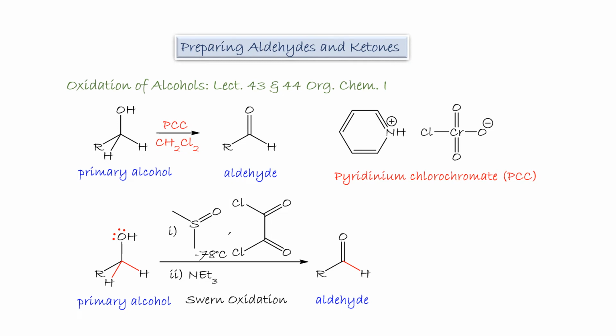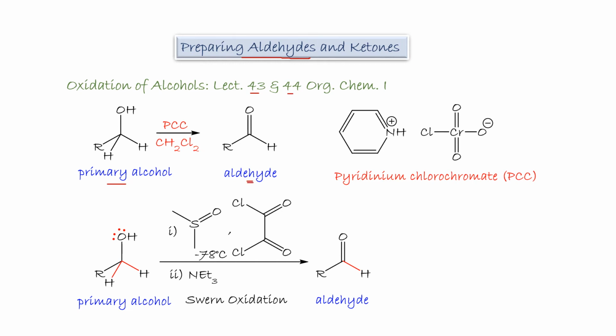Preparing aldehydes and ketones. We will cover in this lecture what we have already mentioned in lectures 43 and 44, Organic Chemistry 1. Oxidation of alcohols. So primary alcohol with pyridinium chlorochromate, PCC, and methylene chloride will give aldehyde and stop.